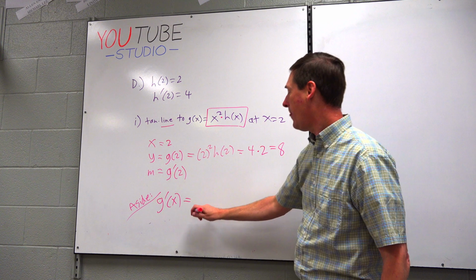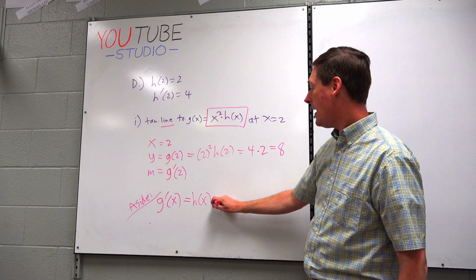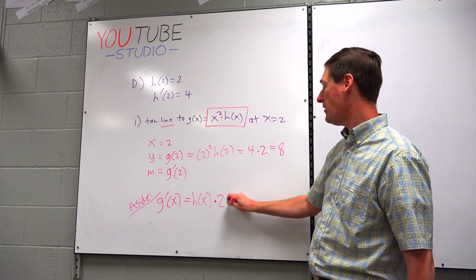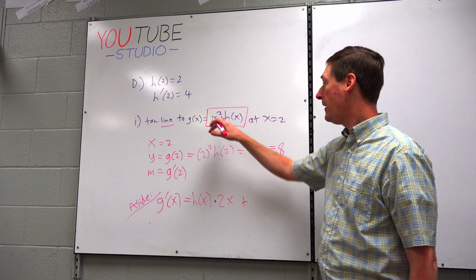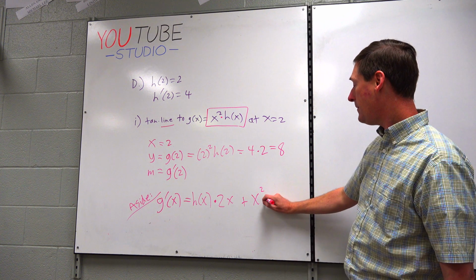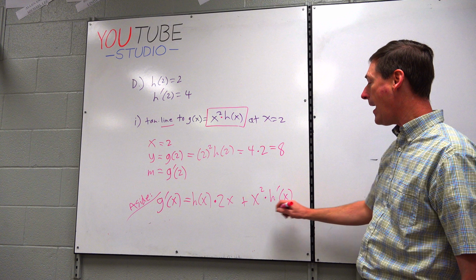Ho-d-hi: second one stays the same, h of x, times the derivative of the first, which is 2x to the first, plus hi-d-ho: first one stays the same, x squared, times the derivative of the second, h prime of x.